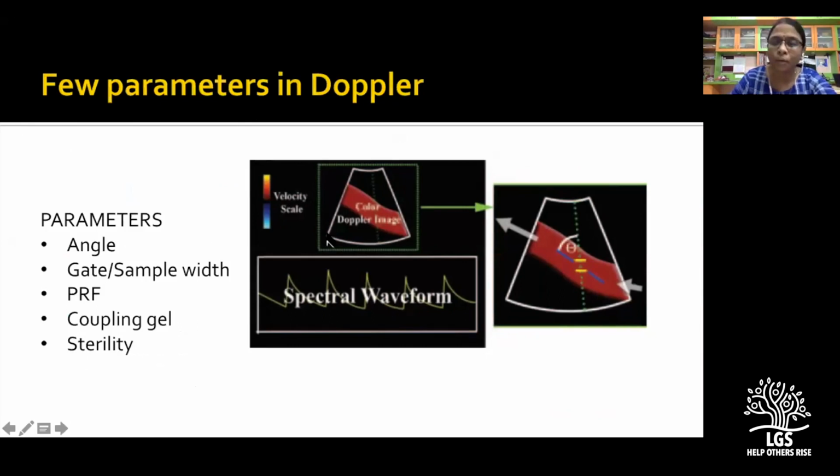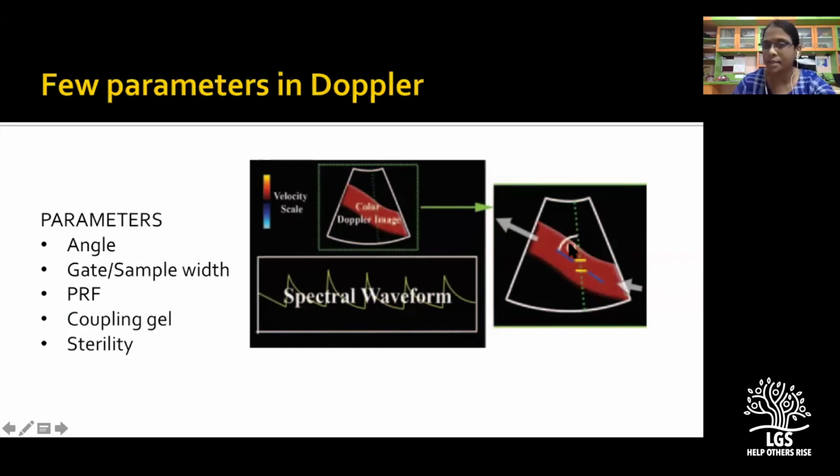In spectral Doppler, in order to get a good waveform, we need to follow certain things. Spectral Doppler involves the manual placement of a sample gate. The sample gate should be at least 2/3 of the luminal diameter, and it should be placed within the center of the vessel lumen. And the Doppler angle, that is the angle between the ultrasound beam and the direction of the blood flow, should be less than 60 degrees.